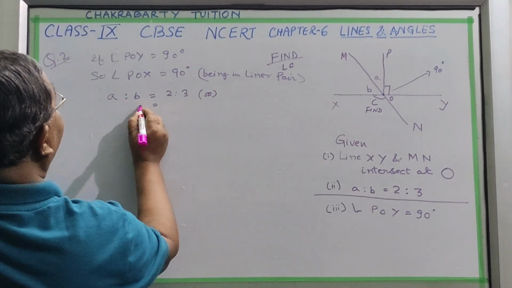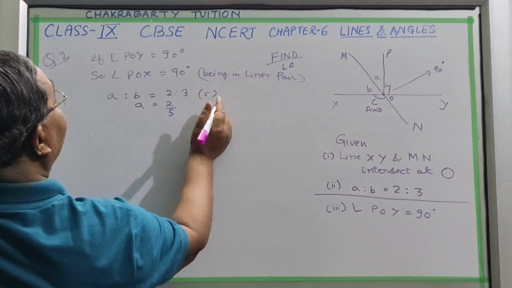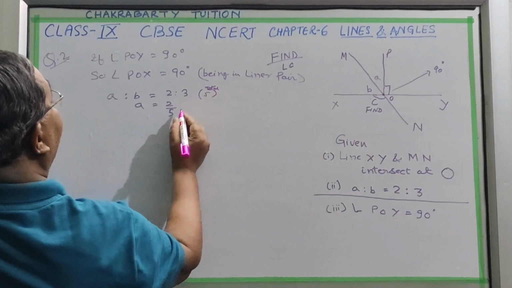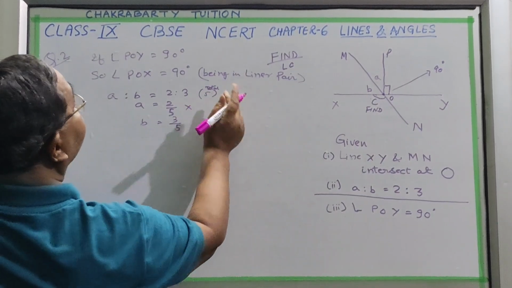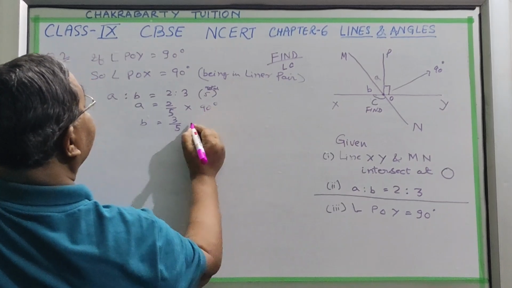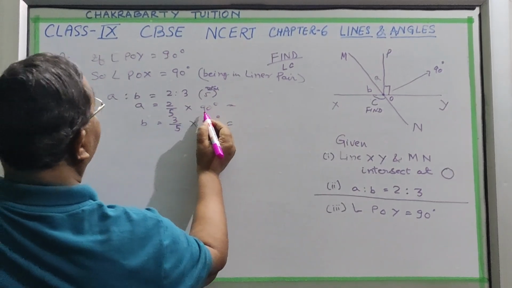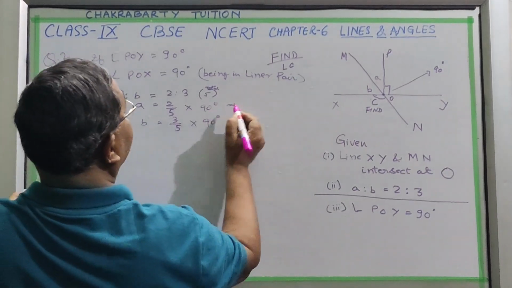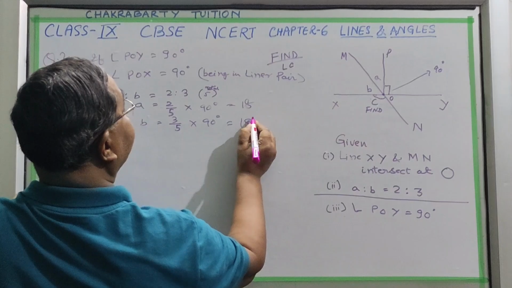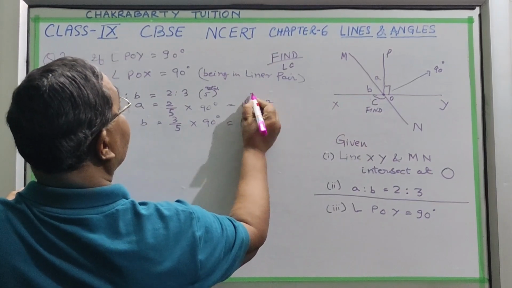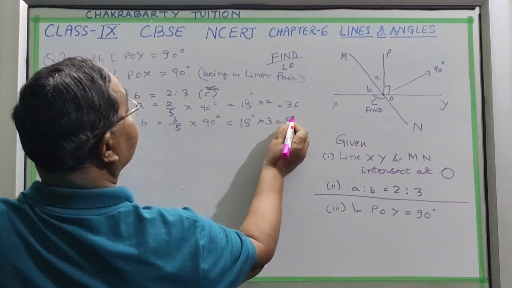A equal to 2 upon 5 of 90 degrees, and B equal to 3 upon 5 of 90 degrees. So that is 18 degrees. 18 into 2, 18 into 3. 18 times 2 is 36, 18 times 3 is 54.